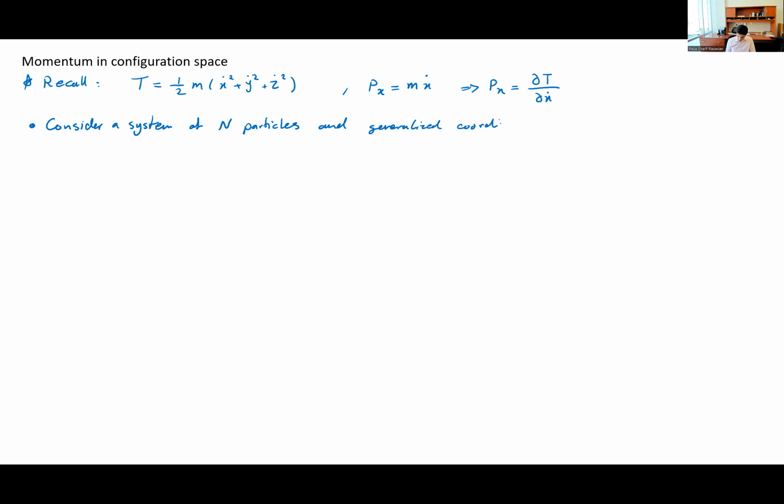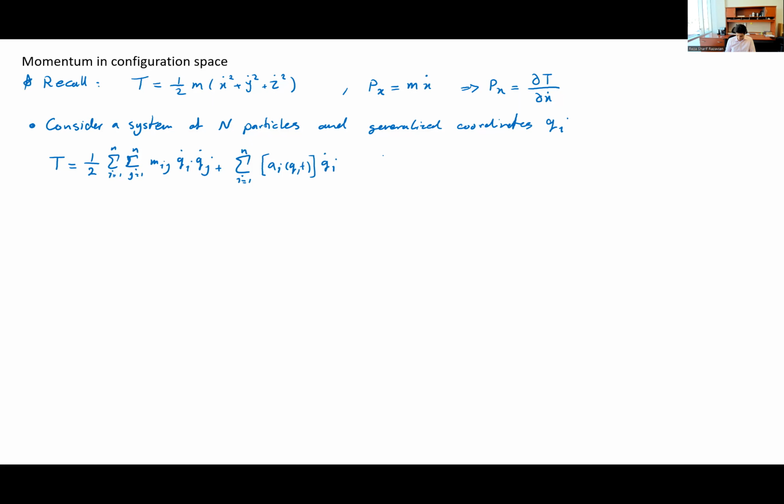If you remember from the previous video, if we have such a system, we can write the kinetic energy as a relatively big term: summation i equals 1 to n, j equals 1 to n, mij q dot i, q dot j, plus summation i equals 1 to n, ai of q and t times q dot i, plus another term, let's call it T0 of q and t.